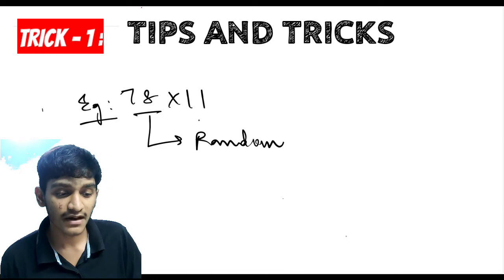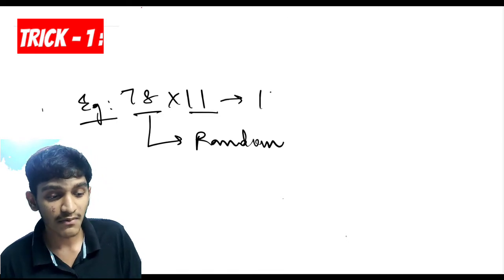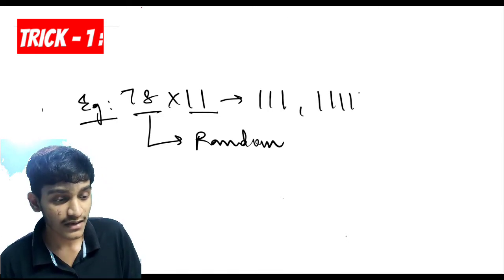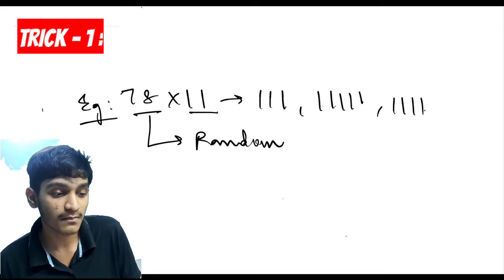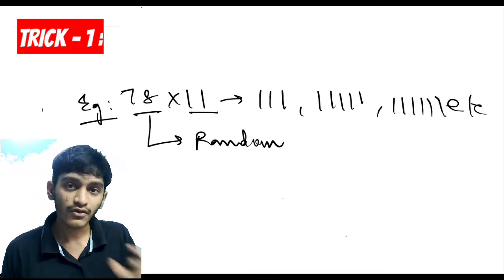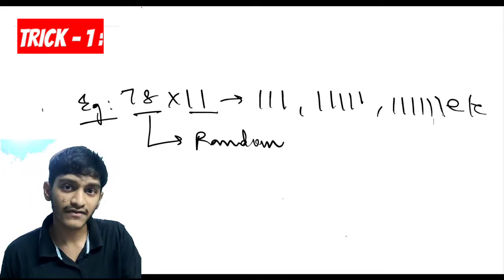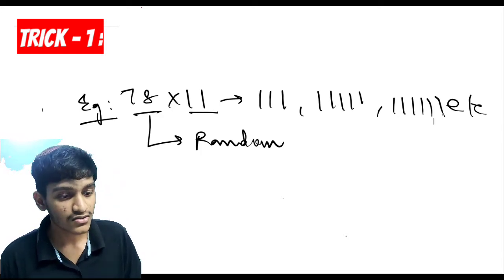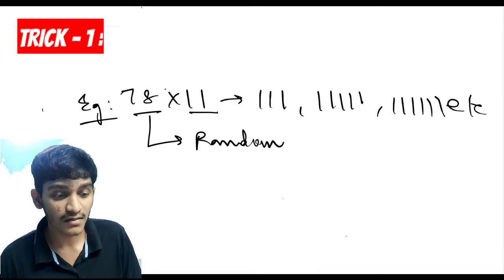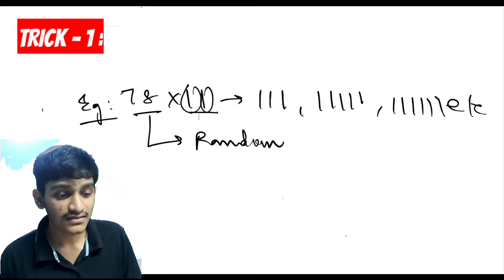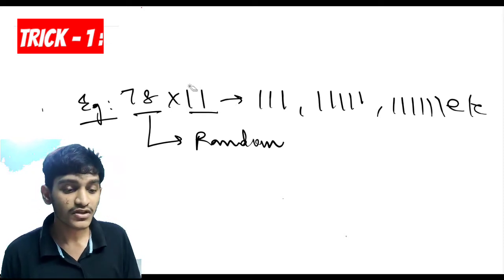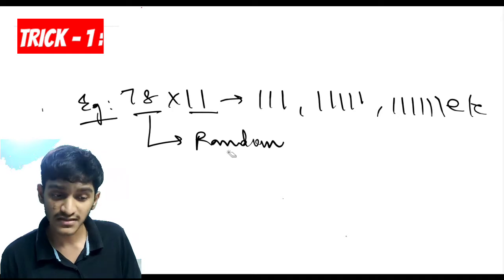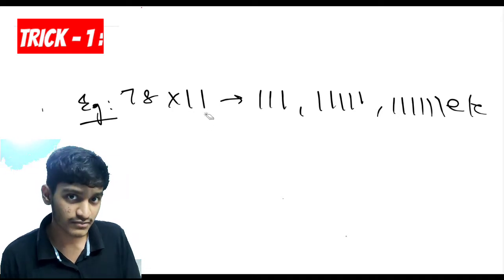Instead of 11, there can be 111, there can be 1111, or there can be multiple ones in a number. So the only numbers that can replace 11 are the ones which have 1 in all their digit places. In 11 also you have all the digits as ones, right? So that is the trick. When you are trying to multiply by such a number, this trick comes into play.